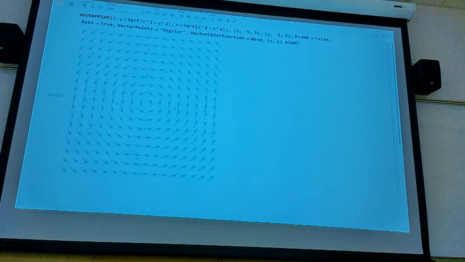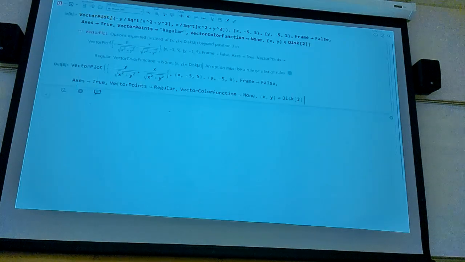This element. Disk is 2. I think that should work. No, they don't like that.